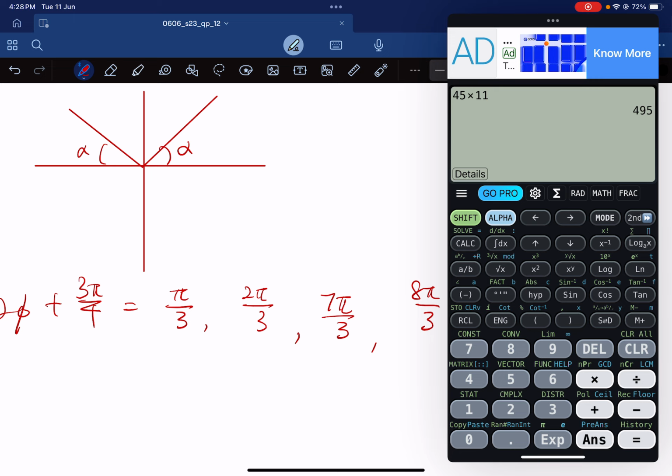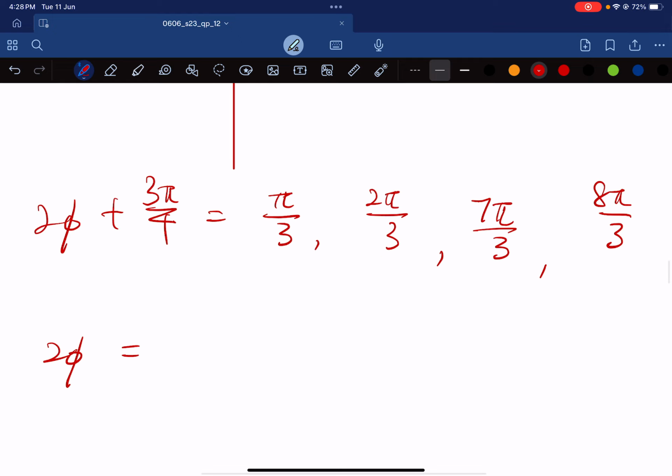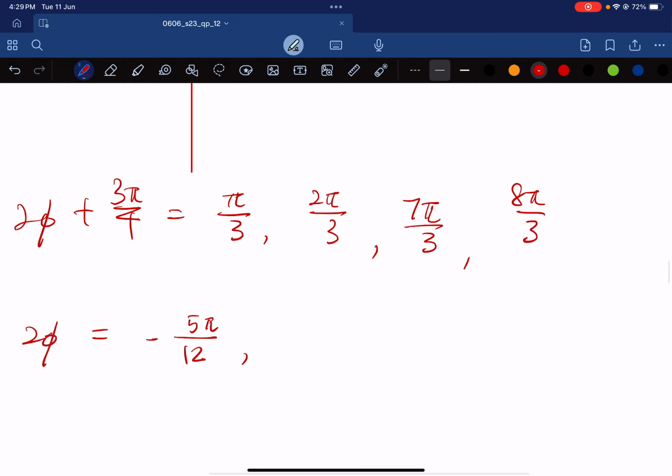Yeah, correct. Okay, so 2 phi equals minus 3 pi over 4, so this would be 12. 4 pi minus 9 pi would be negative 5 pi. This would be 12. 8 pi minus 9 pi, negative pi.